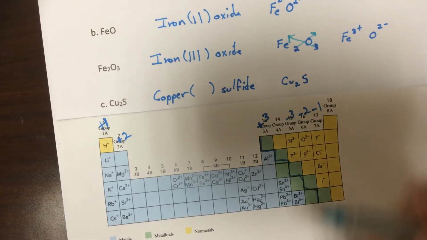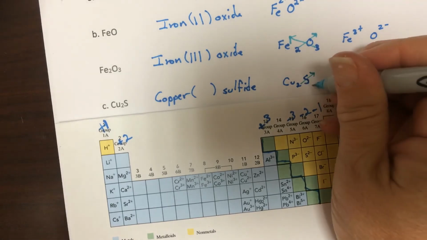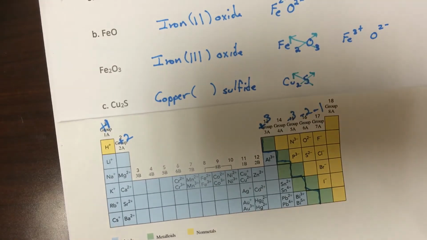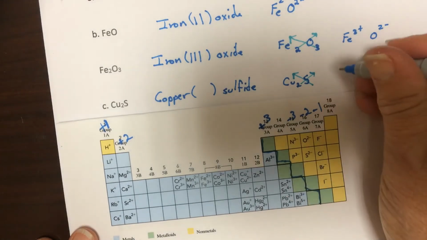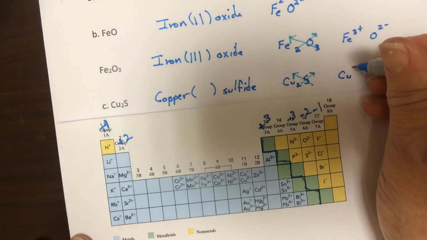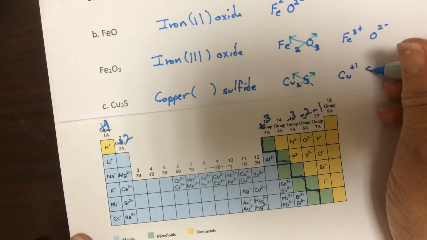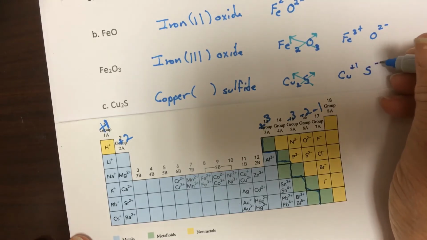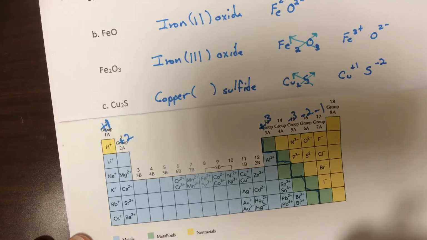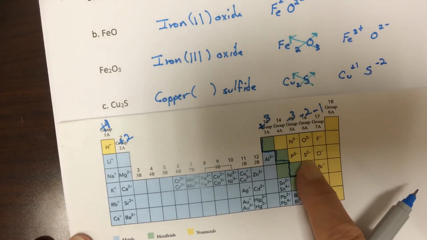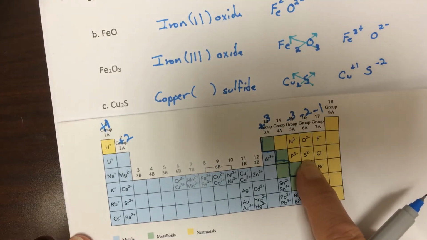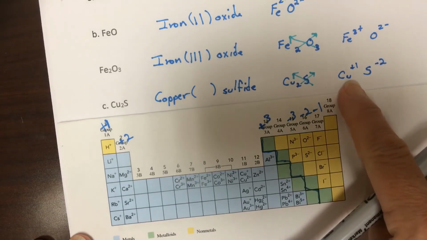So let's do our crisscross. So that gives us a copper with a 1 positive charge and a sulfur with a -2 charge. And we know that sulfur, we're going to double check ourselves here, but sulfur has indeed a -2 charge. So our copper is +1.